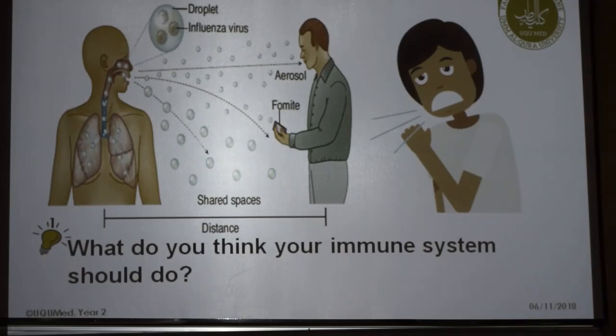So for example, this influenza virus, where is it going to enter first? The nose, the respiratory tract. And the first cells that are going to encounter it or act as a barrier, which will those be? The mucosa. The epithelium of the mucosa is going to act as the primary barrier, the first barrier.